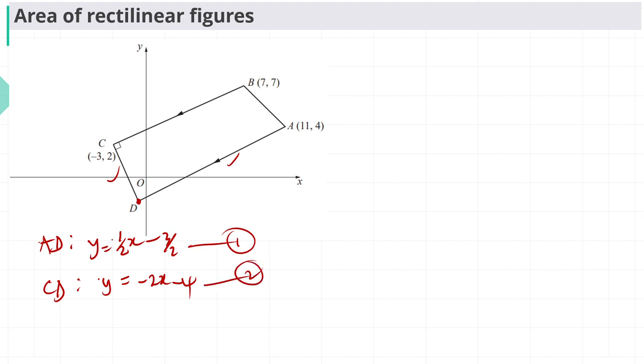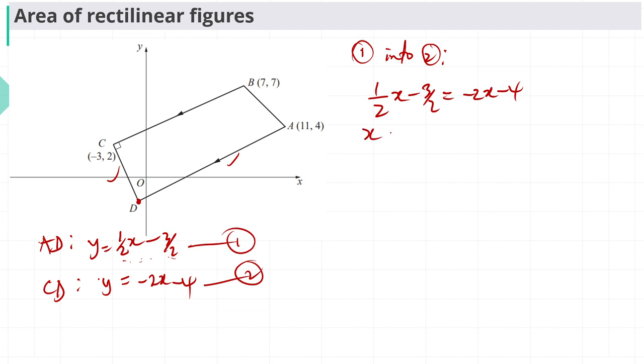Now solving this simultaneously, we substitute equation 1 into 2. That's wherever you see y, you substitute this for it. So it becomes half x minus 3 out of 2 equals minus 2x minus 4. Multiply through by 2 to clear the fraction.